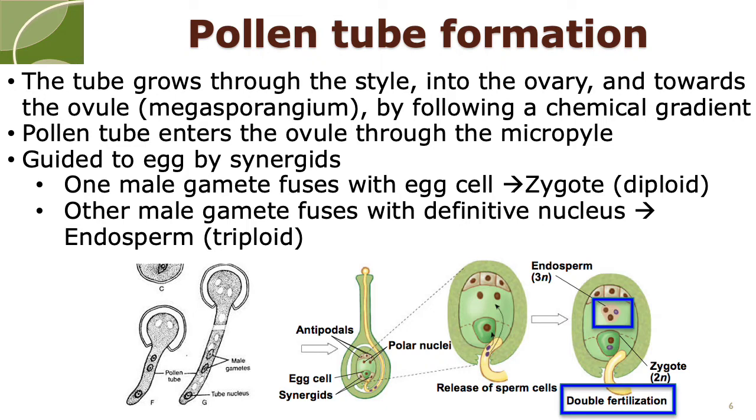This process is called double fertilization, where you have these 2 fusion events. The male gamete fusing with the definitive nucleus gives rise to a triploid cell, which is called the endosperm. So in this case, we can see the zygote is diploid and we have a triploid endosperm.